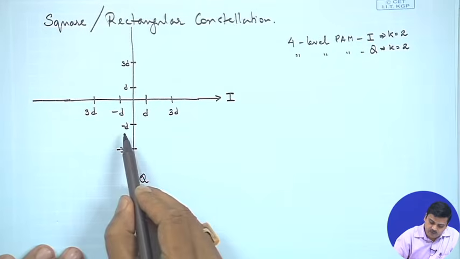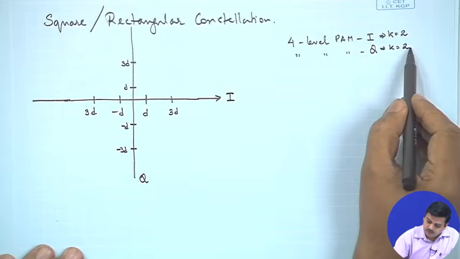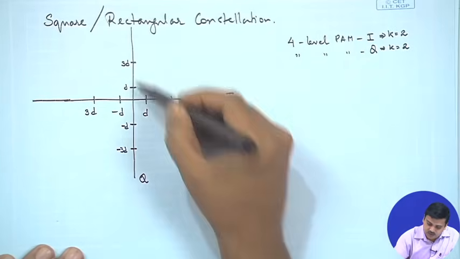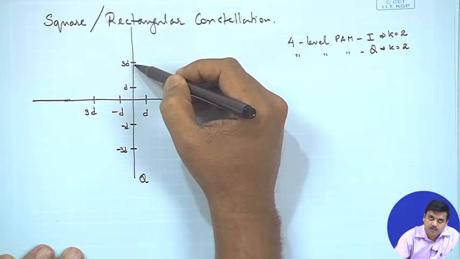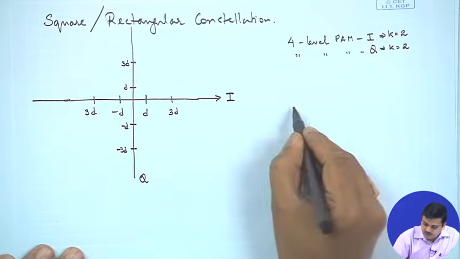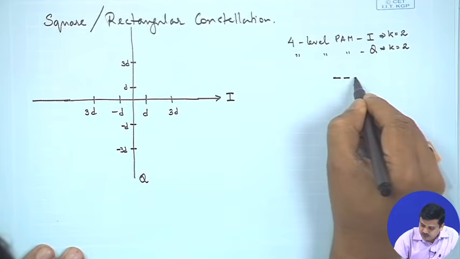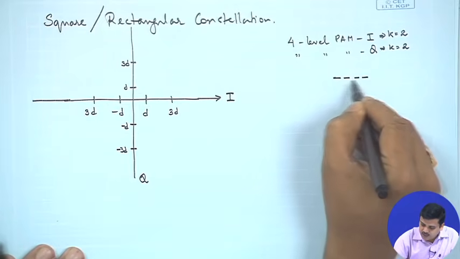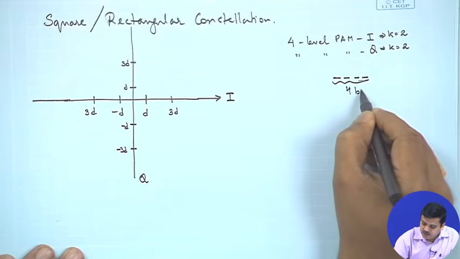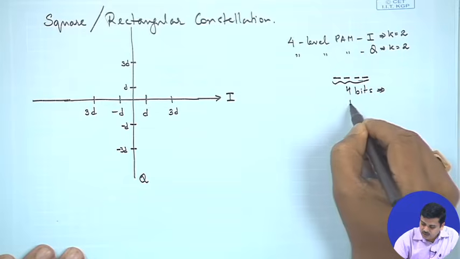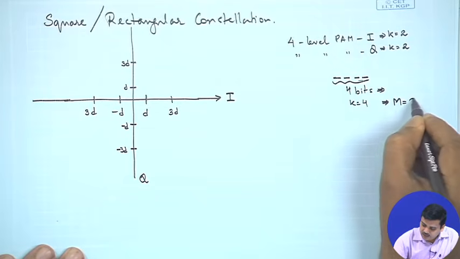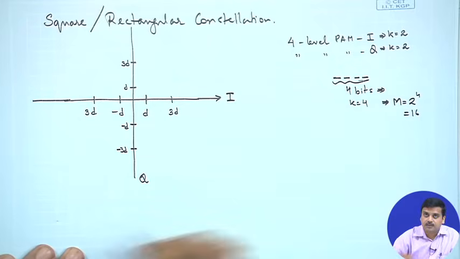That means we have 2 bits and we will choose these 4 levels. When we combine them, what do we get? Together we have 4 bits, 2 from the I selection, 2 from the q selection. So, k is equal to 4 combined, which implies M is equal to 2 to the power of 4, that is 16, right.